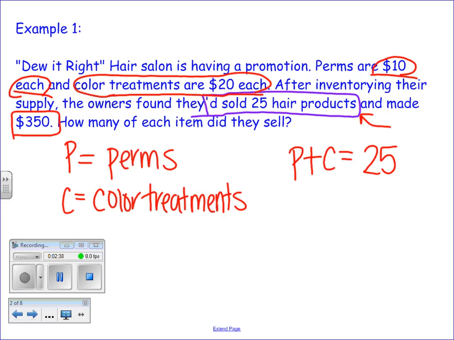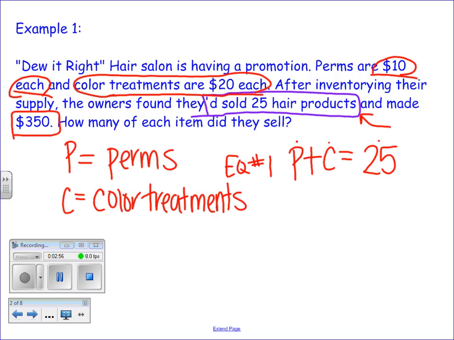So does it make sense that my first equation out of my system is going to be P plus C equals 25? The number of perms that I sell plus the number of color treatments that I sell equals the 25 total hair products. That is my equation number one.